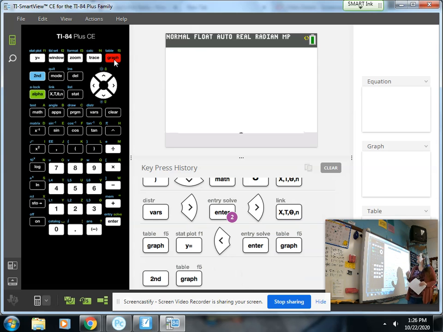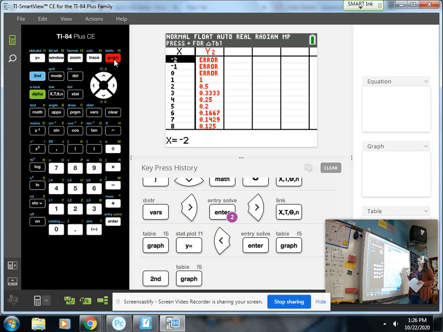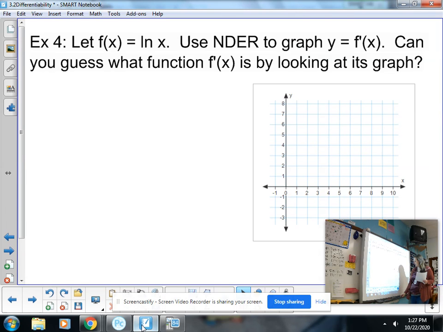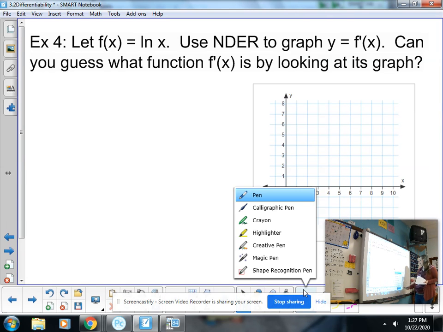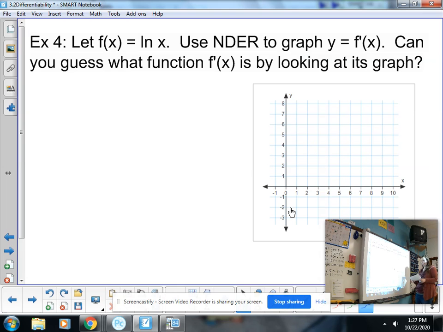So second graph, we're going to look at the table. Notice 0, -1, -2, those all give us errors. But we have 1, 1, 2.5, 3.3333, 4.25, 5.2. So I'm going to write some of those down over here so we can take a look at those.